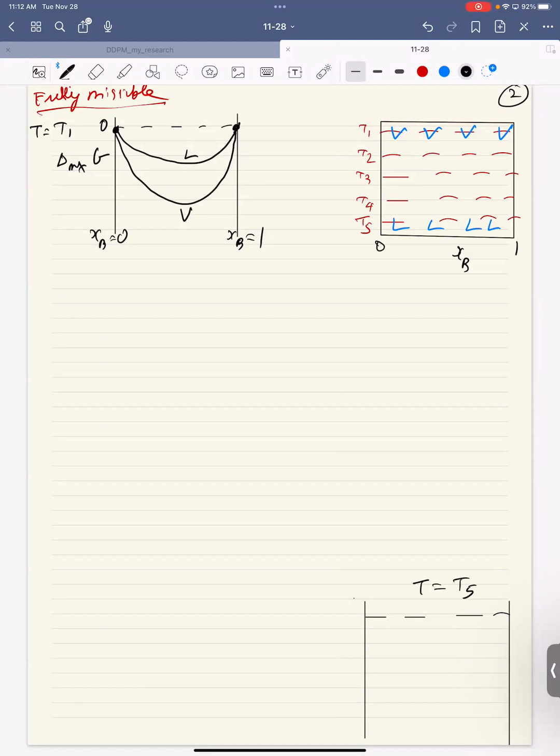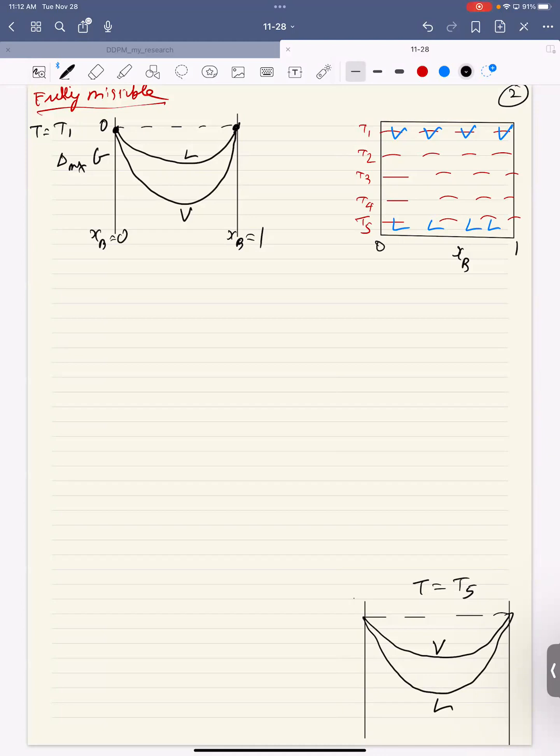Which is the more stable phase in this phase diagram? That's liquid, right? So what should happen to the two curves? They should just switch, right? So now I will have some, and I'm drawing these qualitatively, but the basic picture is correct. So now this will be vapor and this will be liquid, right? So the question is what happens at T is equal to T2, T3, T4?